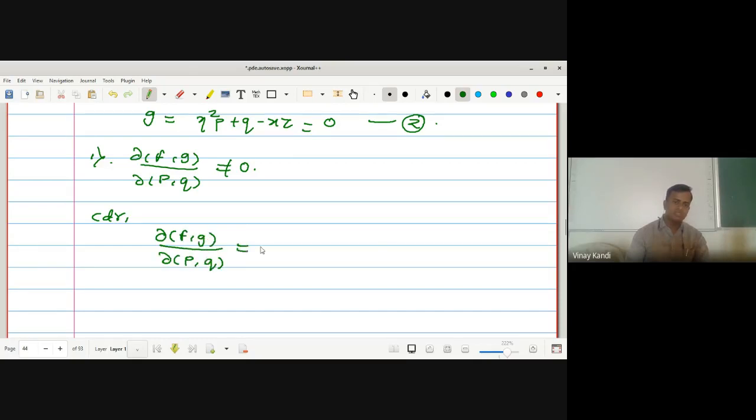Now tell me the value of this one. Dou f by dou p and dou f by dou q. This is dou g by dou p. This is dou g by dou q. Tell me the value of this one.